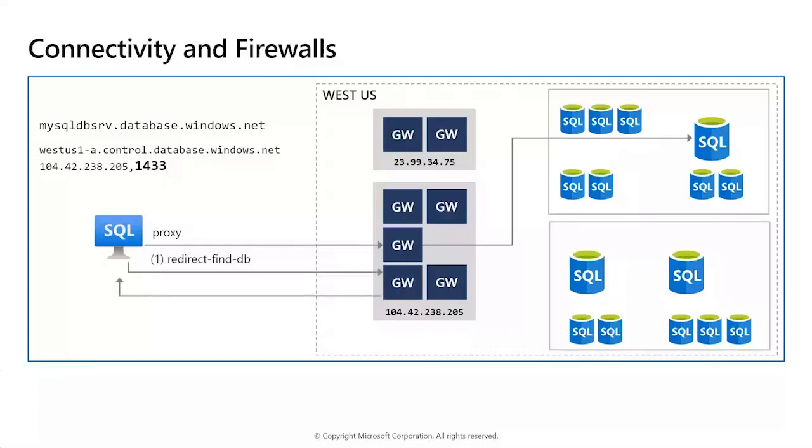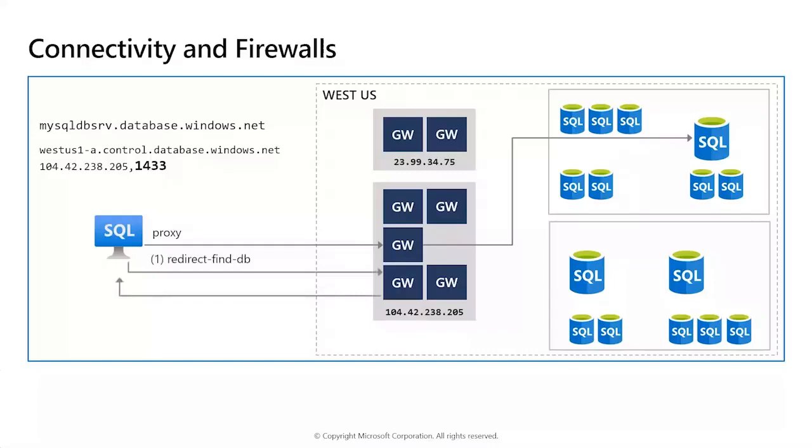And so service tags is essentially a group of IP address ranges that's specific to a particular Azure product or service. Now, it also needs to allow outbound communication from the client to the Azure SQL database gateway IP address on port 1433. The other connection policy mode that you can choose from is the proxy mode.